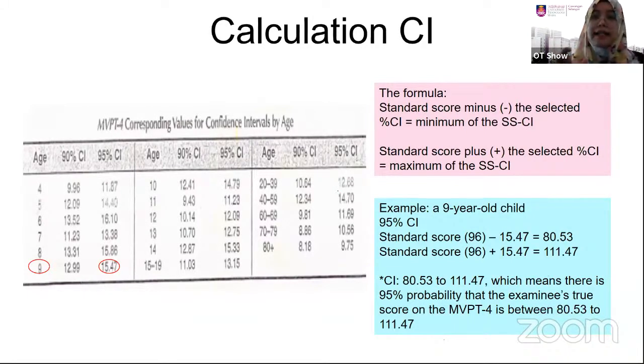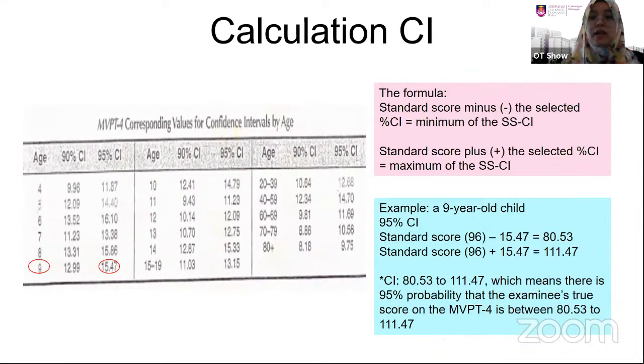Okay, kita kena cari standard score kanak-kanak dan kita tolak yang kita pilih percentage untuk confident interval. Kita dapat lower level confident interval. Bila kita nak cari yang maximum punya, kita just tambah saja yang 90 ataupun 95% confident interval. Okay, saya bagi contoh dulu.